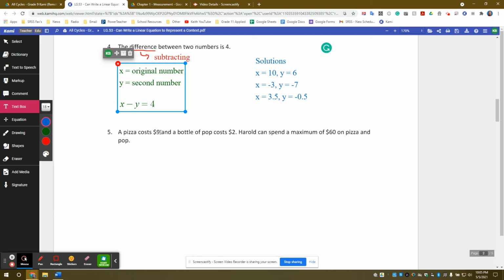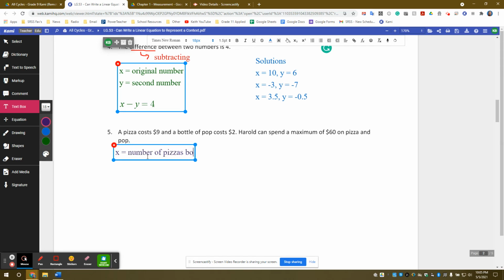We're told the cost. We're usually looking for number. Therefore, x is going to be the number of pizzas bought, and y is going to be the number of bottles of pop.